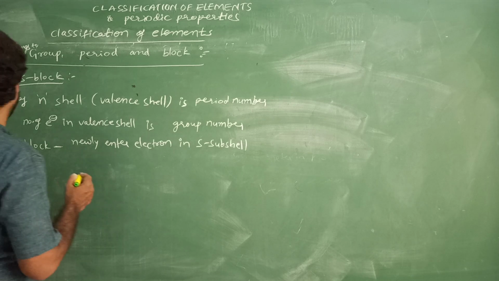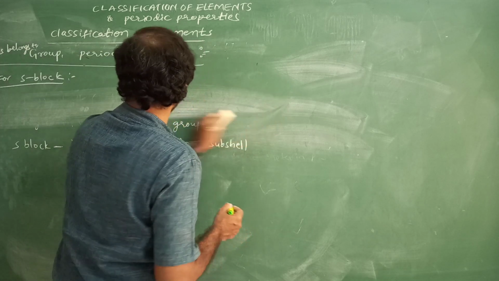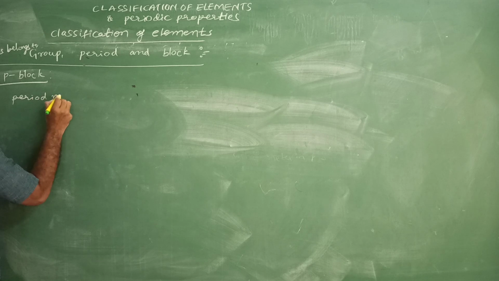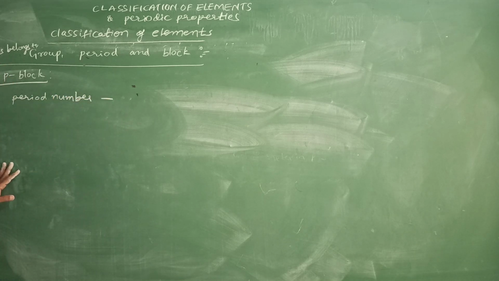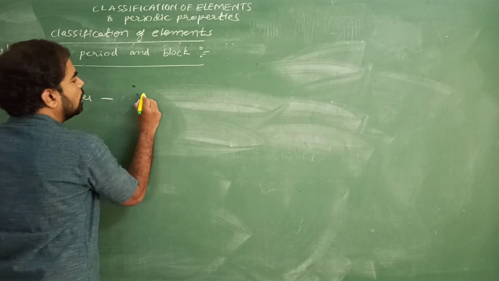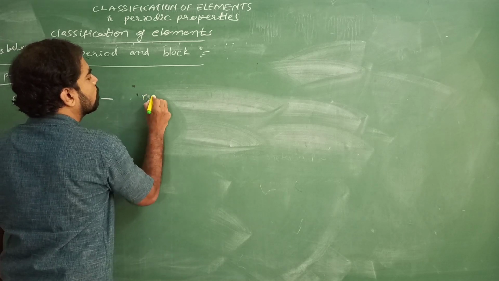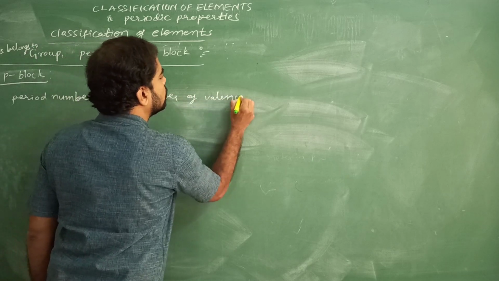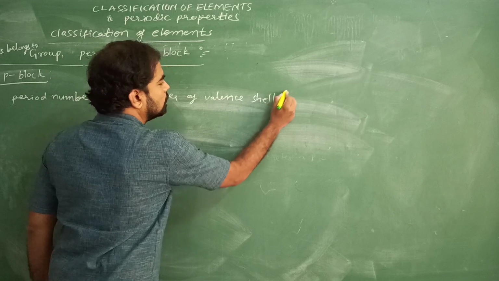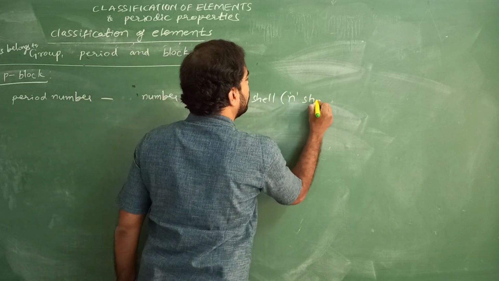Okay. Next, similarly for the P block, period. For all blocks, the period number is the number of the valence shell, that means the N shell, the last shell.